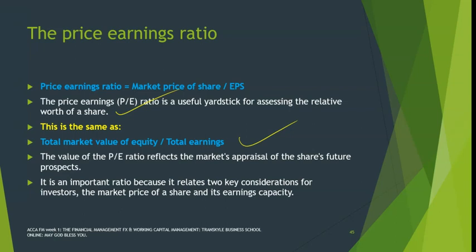You just have to know that when you're talking of market value of equity, we are also talking about the market price of a share. The difference is that one would be representing the whole company, whereas another one would be representing an individual share. Then when you're talking of total earnings, these are the total profit that has been made, but we can as well determine the profit per share, which is the earnings per share.